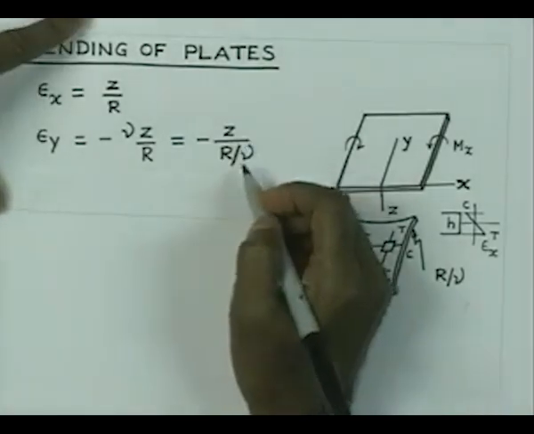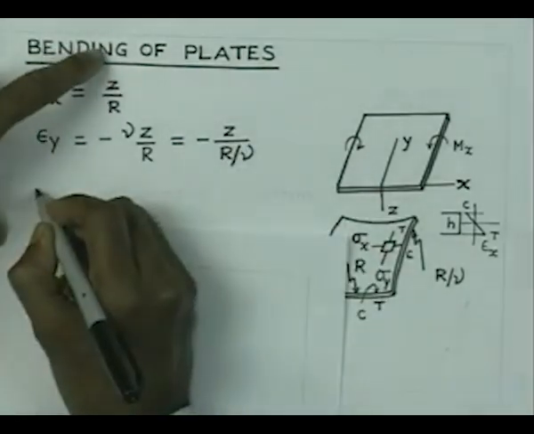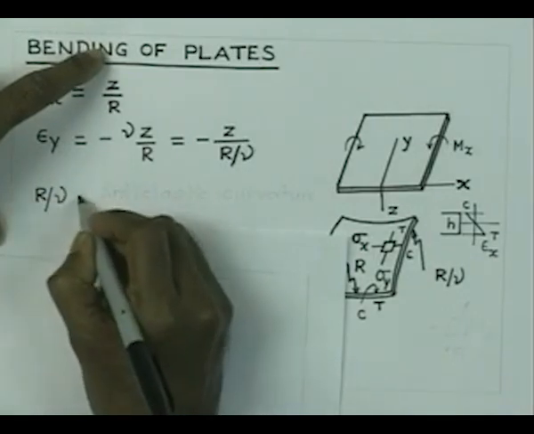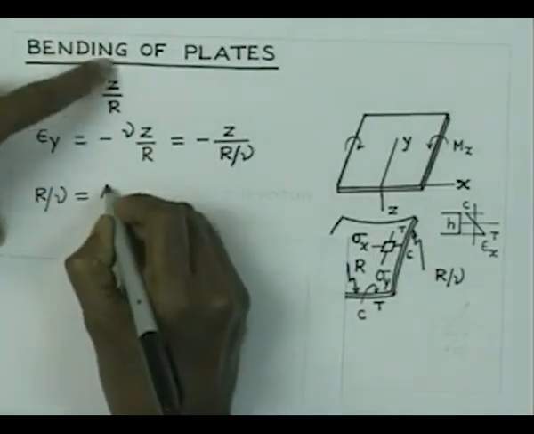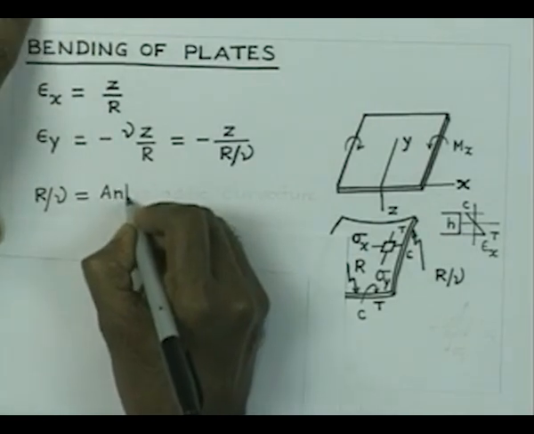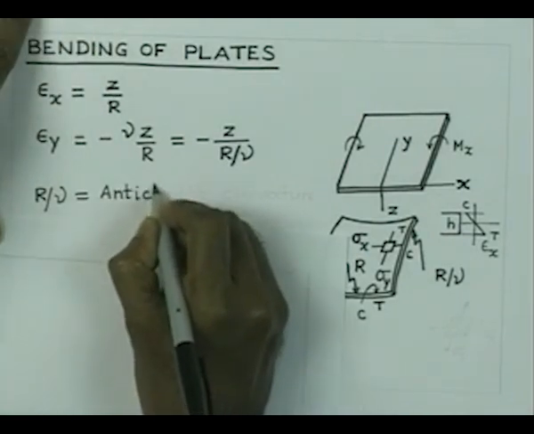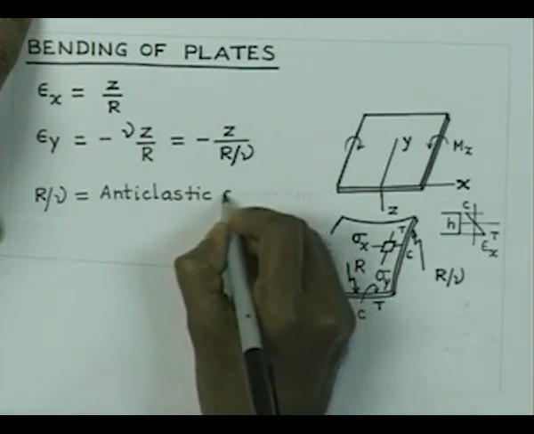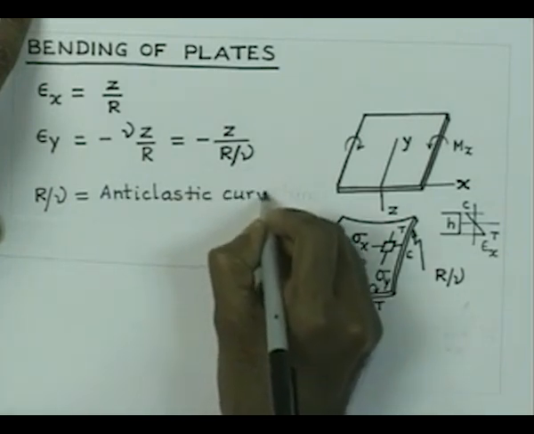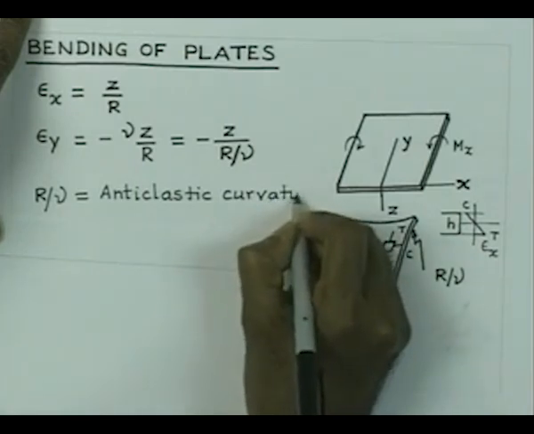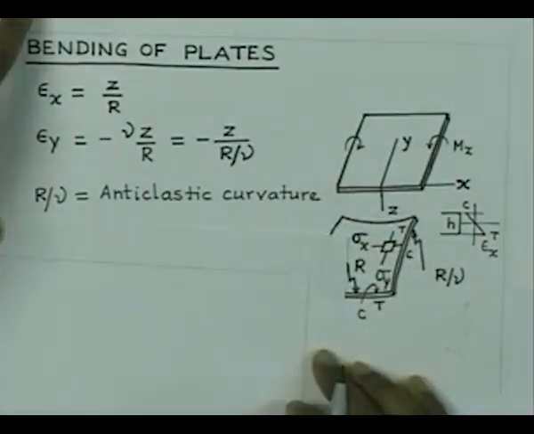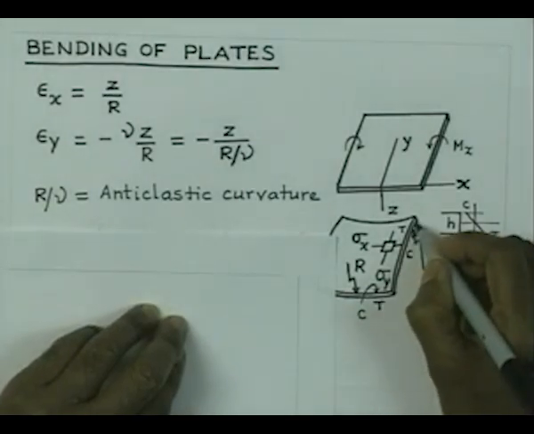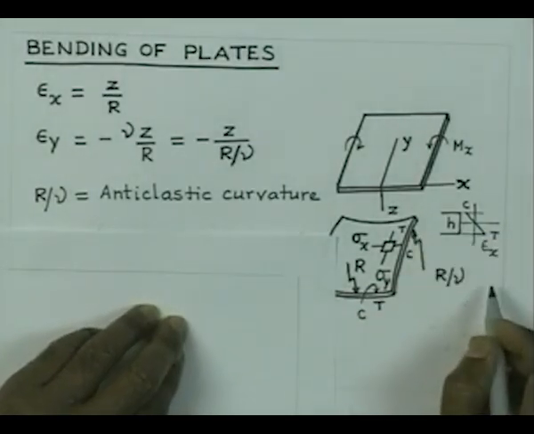So, this is again another curvature, this curvature r by nu we call anticlastic curvature. So, this radius of curvature that we see at the edges is going to be of value r by nu.